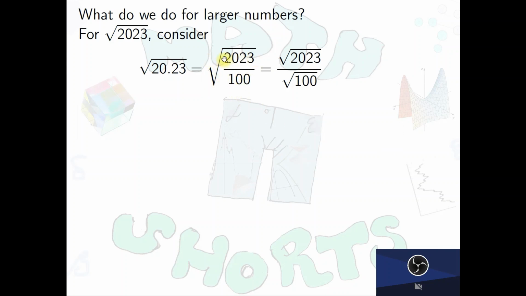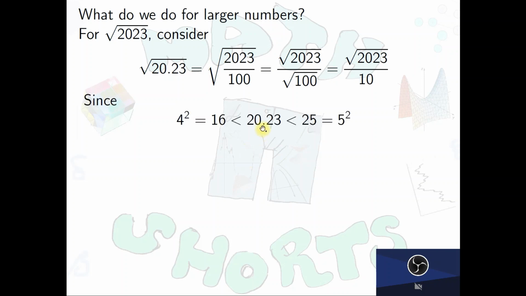The square root of a division is the same as dividing the square roots, and the square root of 100 is 10, which means that if I can find out something about this, that's actually going to be 1/10 of the one that we're after. So to find out the square root of 2023, we just work out this guy and multiply it by 10. So how would we do that?